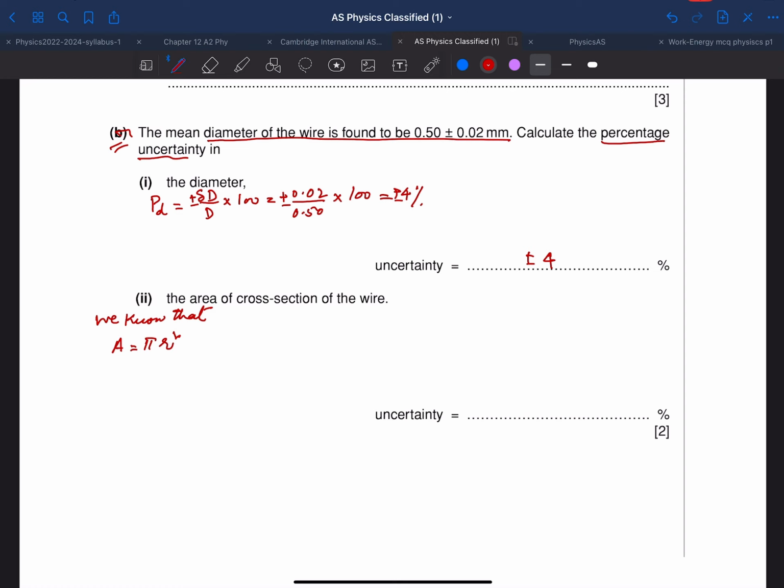So we can write, thus, del A over A is equal to... now pi is a constant, so you need not consider any uncertainty in pi, because there is no uncertainty in pi, it is just a constant.